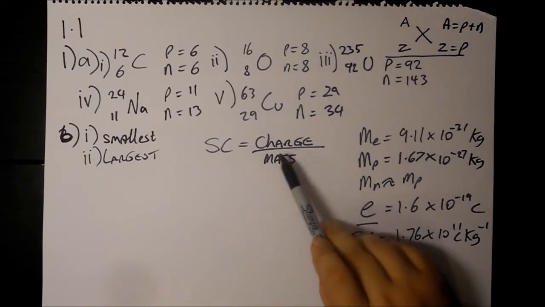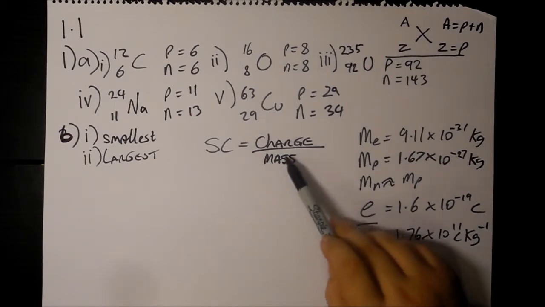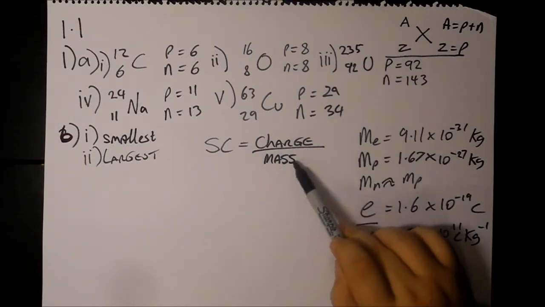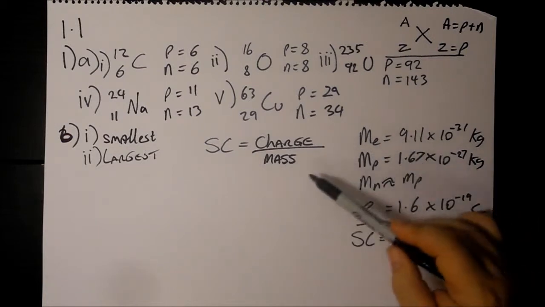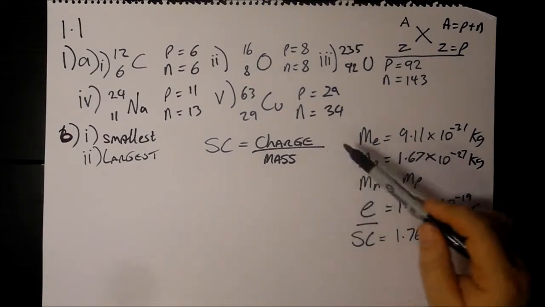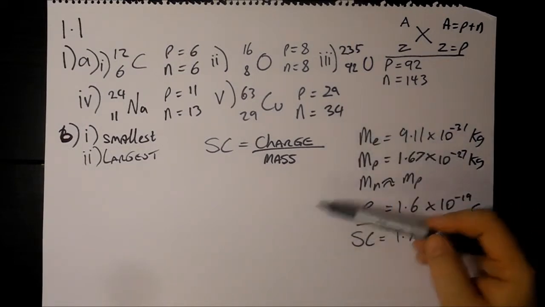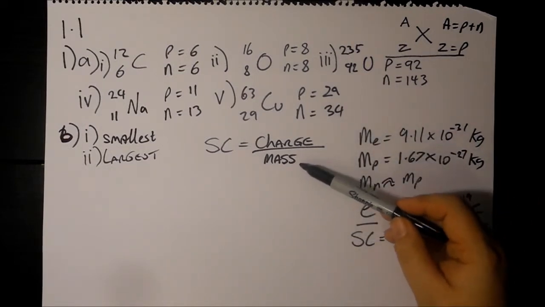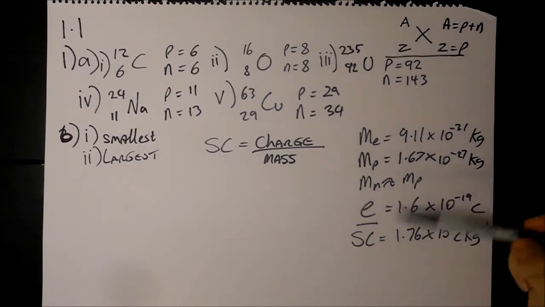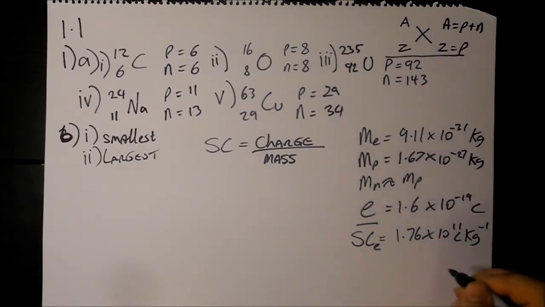Therefore, the number you're dividing by is smaller, and if you divide by a smaller number, you get a bigger number out. So the smaller the mass, the larger the number you get out. Therefore, for the smallest mass particle, we get the largest specific charge. So that's the specific charge on an electron.